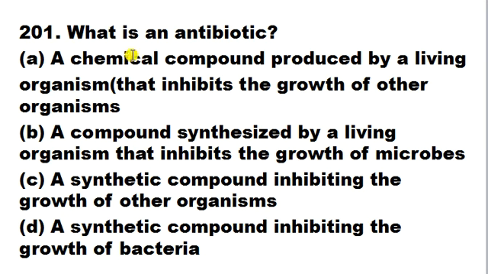So here, what is an antibiotic? Antibiotic is a chemical that is produced by the bacteria, fungi or mold, and it prevents the infection or prevents the growth of other bacteria. So here the correct answer would be a compound synthesized by a living organism that inhibits the growth of microbes. So here the correct answer would be B.